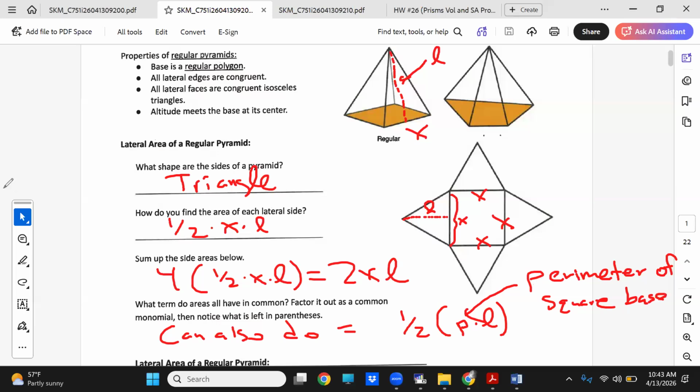Because if you think about it, you can do a little switcheroo here. Put 1/2 on the outside and 4 on the inside. And that right there is your perimeter. So you can think of it like that. That could work. Before we move forward, any questions about that?